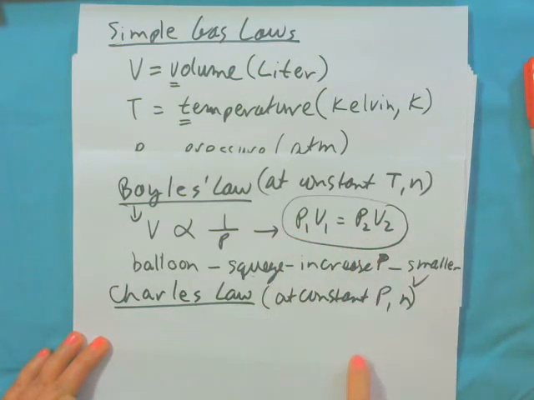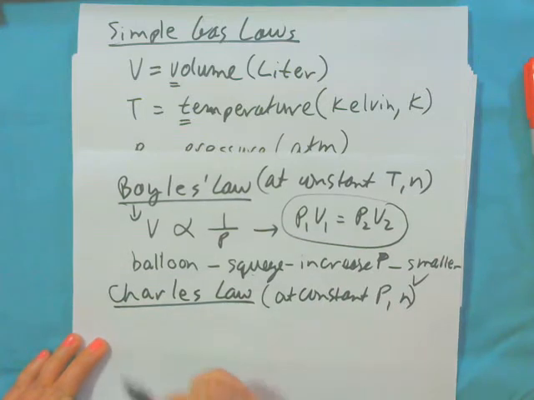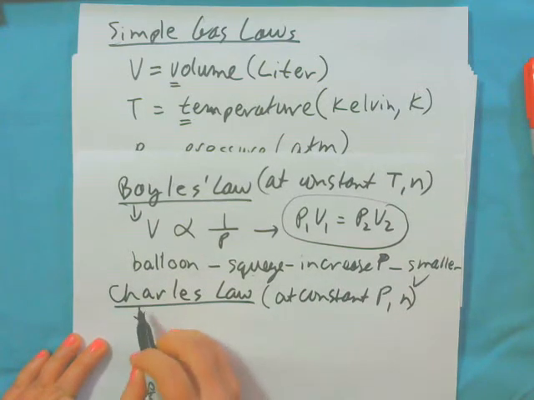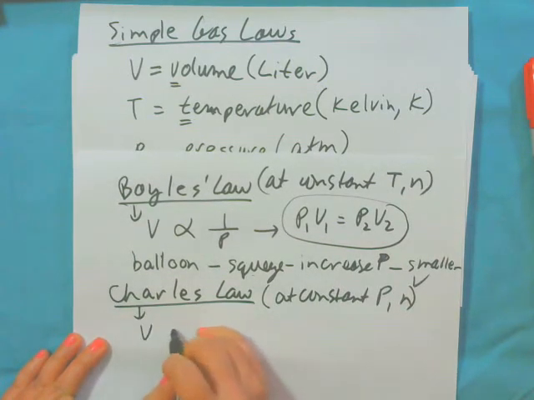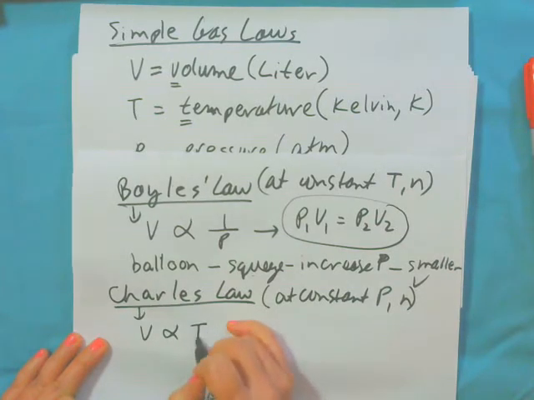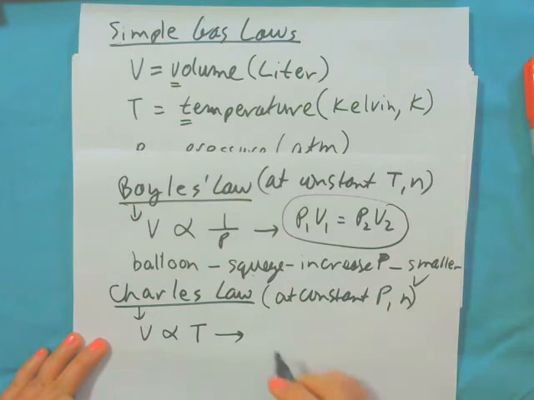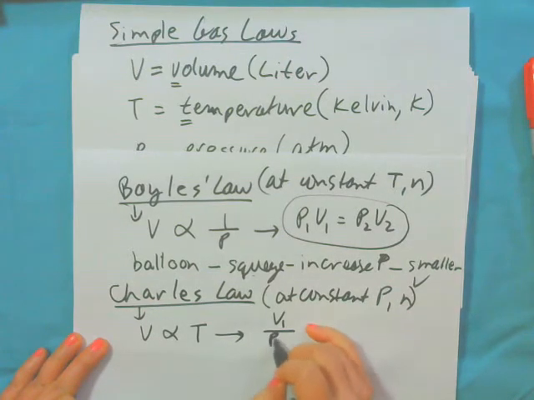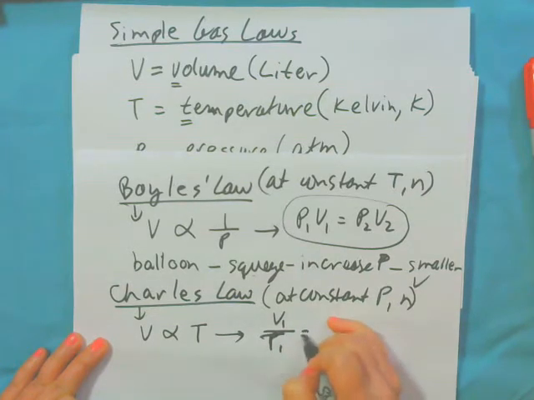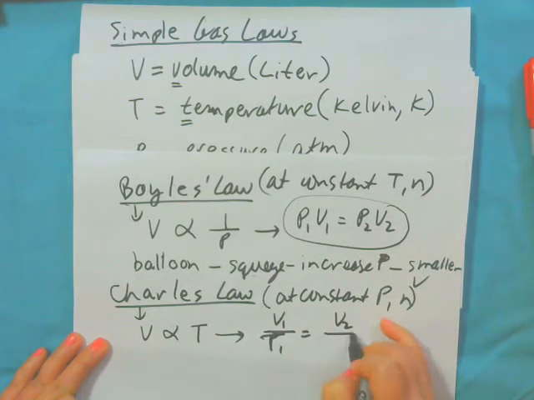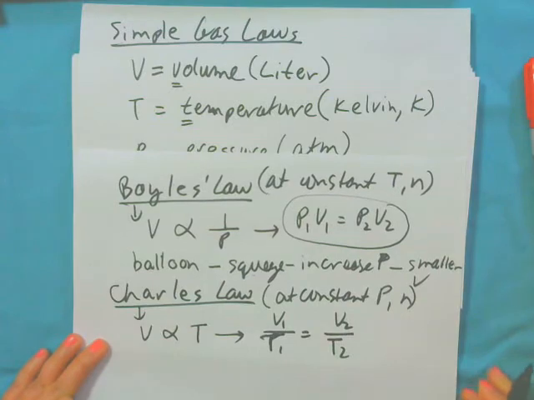Here, Charles's law says that volume is directly proportional to temperature. Or if I have two different gases, I could write it as volume 1 over temperature 1 is equal to volume 2 over temperature 2.